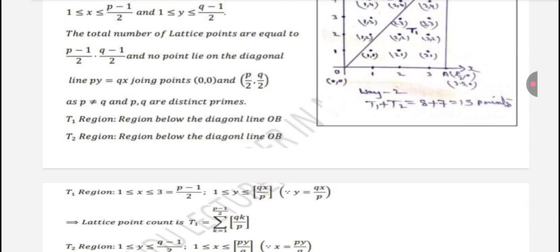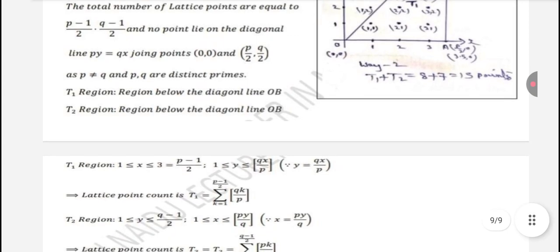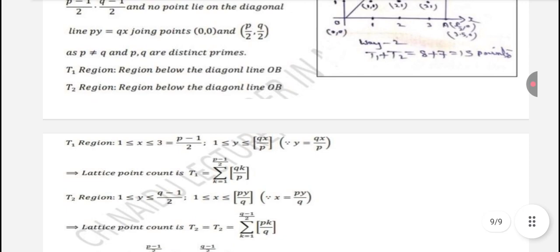So in the region T1, if you consider 1 less than or equal to x less than or equal to p minus 1 by 2, then automatically y lies between 1 and qx by p. Therefore the total number of lattice points in the region T1 is nothing but summation of the integral part of qk by p, k running from 1 to p minus 1 by 2.